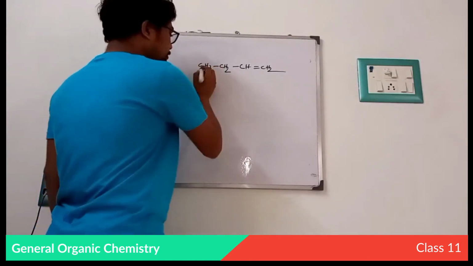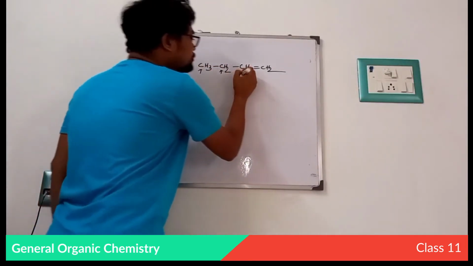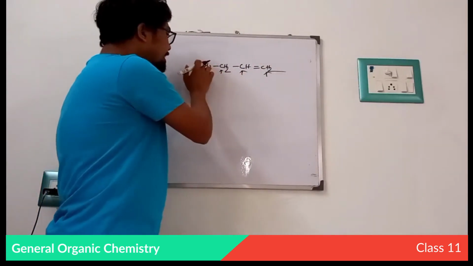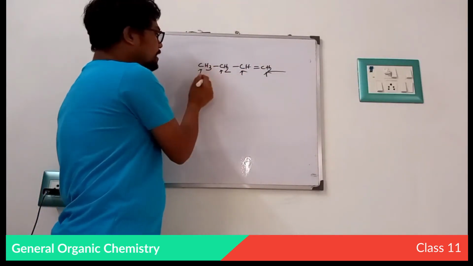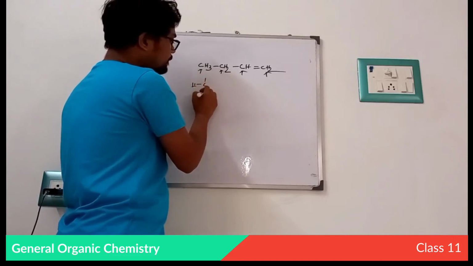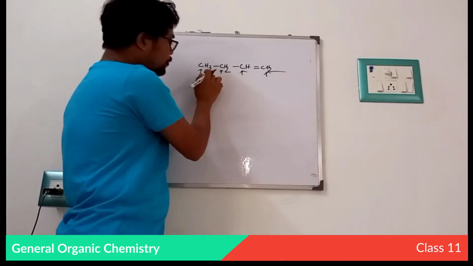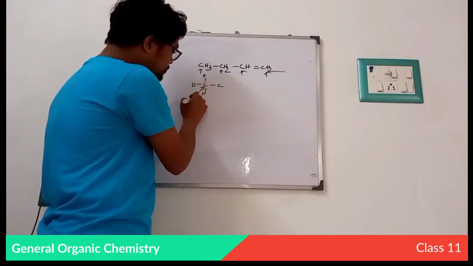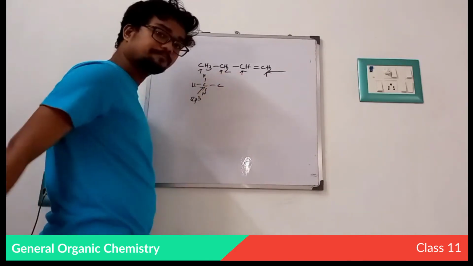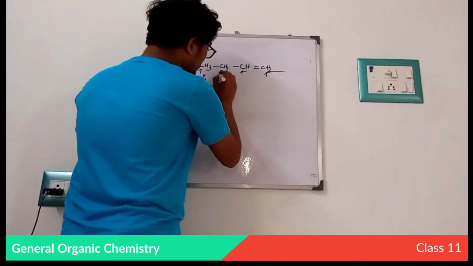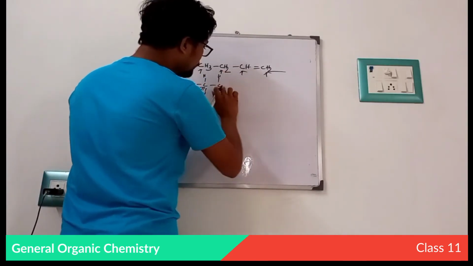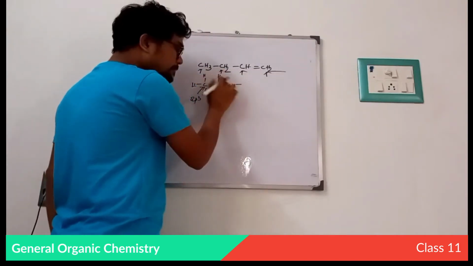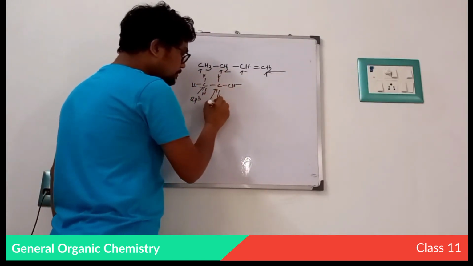Now listen very carefully. First, try to find the hybridization of all these carbons. In this case, this carbon has 4 sigma bonds, 1, 2, 3, 4. That is why this is sp3. This has also 4 sigma bonds, that is also sp3.